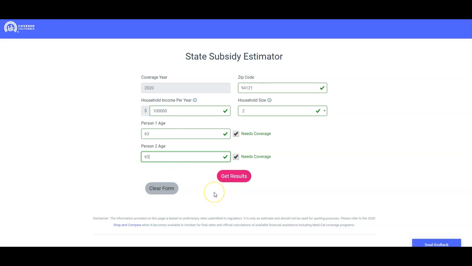Remember, the 30-year-old couple had no subsidy. If they're a bit older, if they're 63, let's see what happens. Same zip code, same income, just a different age.